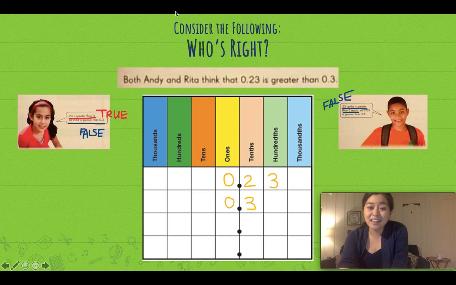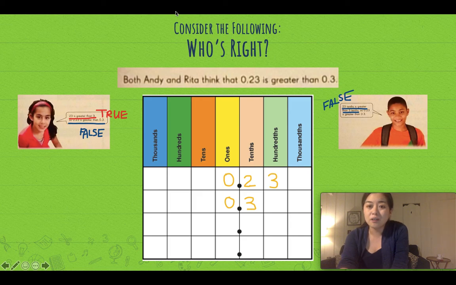Now let's look at Andy. So Andy says 23 tenths is greater than 3 tenths. But the thing is, 23 tenths is not what's written in the place value chart, right? How do we say that number? We can say it as 0.23 or we can say it as 23 hundredths. 23 hundredths.